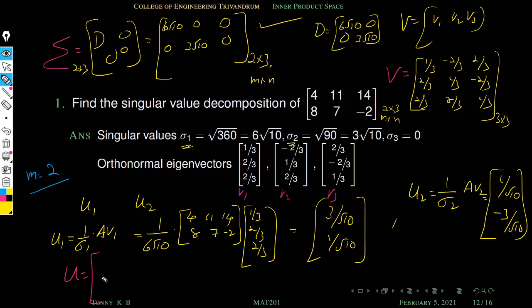What is the first column of U? U1, and then U2. So our aim is to construct a 2 by 2 matrix. Is this U 2 by 2? Yes, this is a 2 by 2 matrix.